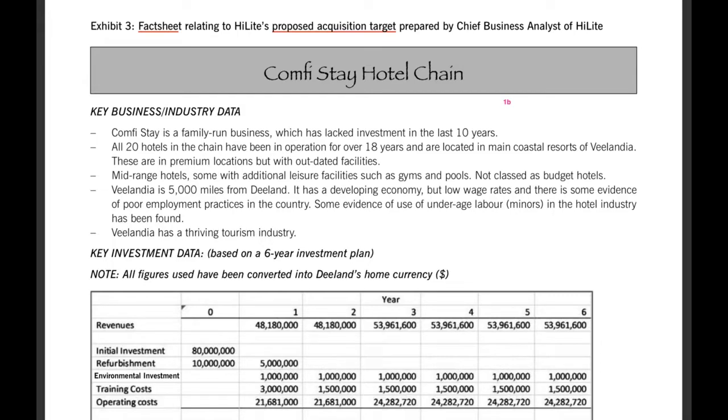So under your 1B just now, you are supposed to be using the fact sheet referred to above and any other relevant information, prepare a report for the finance director which evaluates the proposal to acquire the Comfy Stay hotel chain. So we're supposed to be using this particular fact sheet to help you answer this particular question.